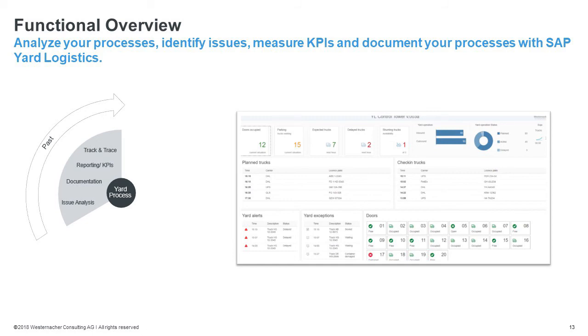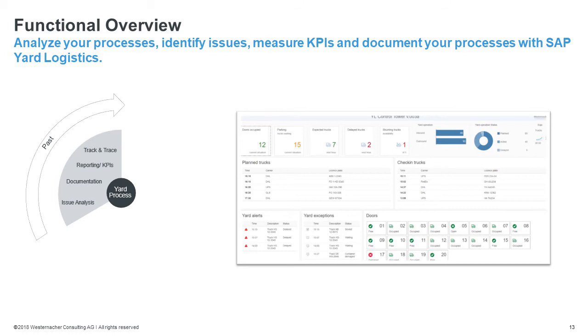Okay, the next one is the past. So this is one of the screenshots we have from this yard control tower. We see that we are now dealing with the past. In the area down there, we see some alerts, all those alerts that I mentioned earlier.